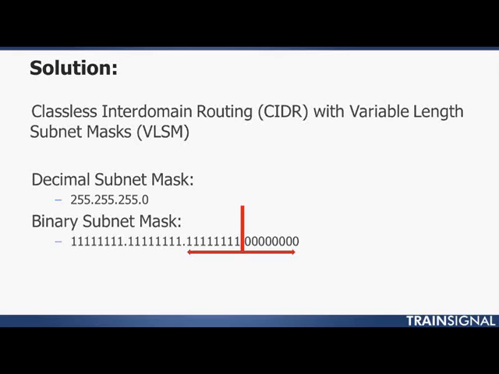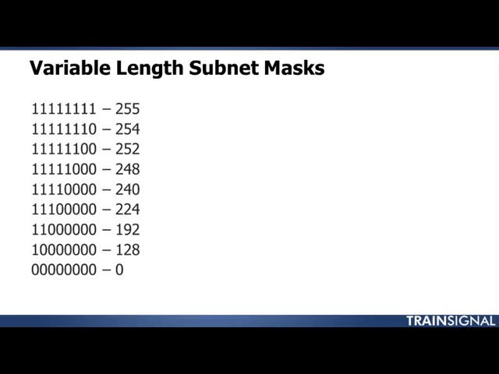Using variable length subnet masks, we still have to have all ones on the left and all zeros on the right. But because we might end those ones in the middle of one of the octets, we will have subnet masks including not only the numbers 255 and 0, but also, as we see here, 254, 252, 248, 240, 224, 192, and 128.